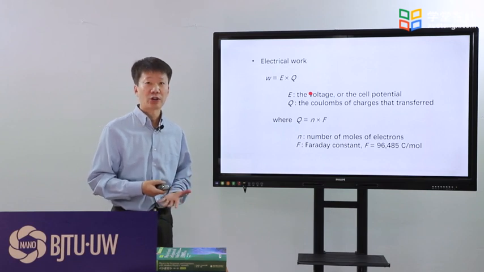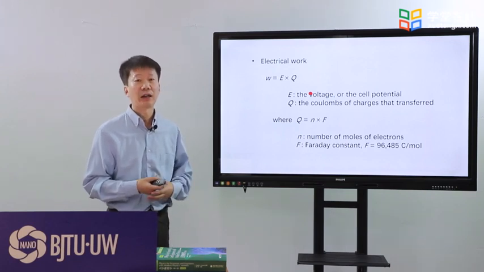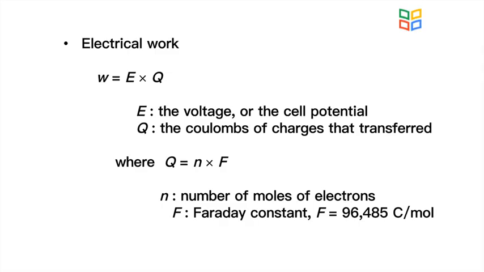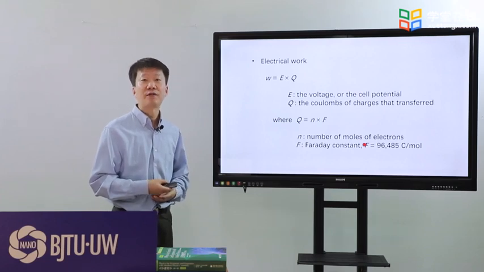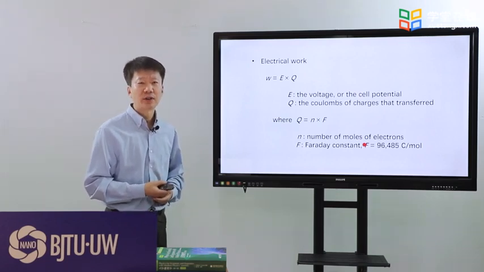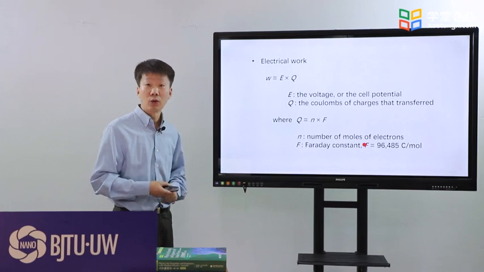Q is the charge transferred under the voltage. Q is equal to n, moles of electrons, times F, the Faraday constant. Faraday constant F is 96,485 coulombs per mole.